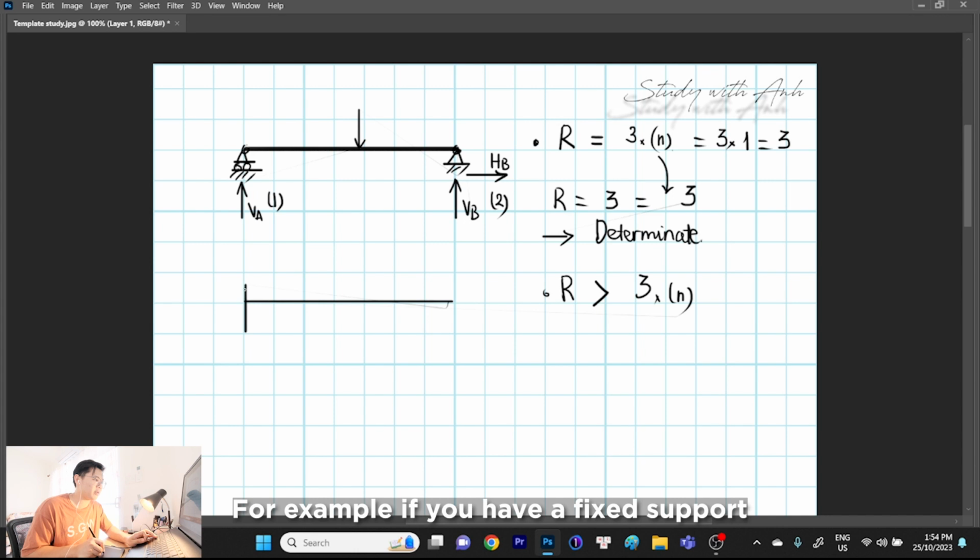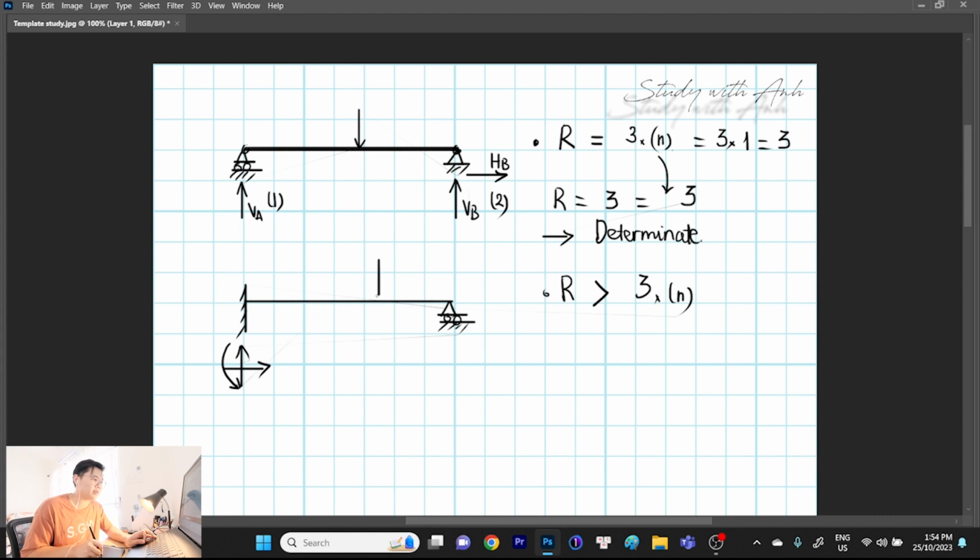For example, if you have a fixed support and a roller, at the fixed support we have 3 reactions. One is a vertical reaction, one is a horizontal reaction, and one is the moment. If the load is here, we have 3 reactions here and 1 here, which means R equals 4.